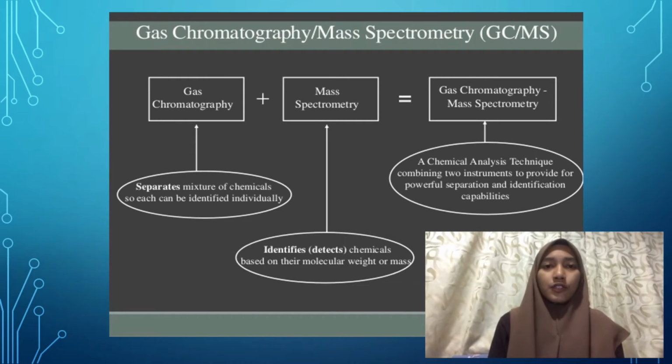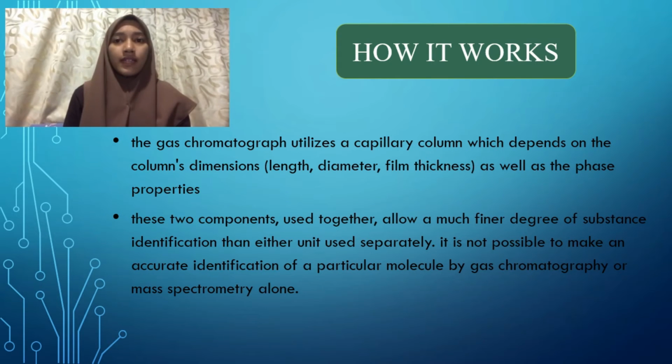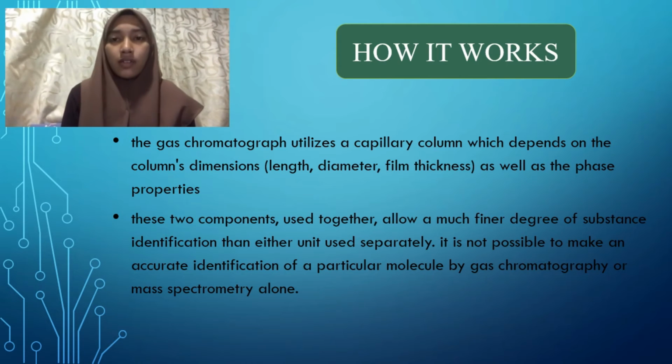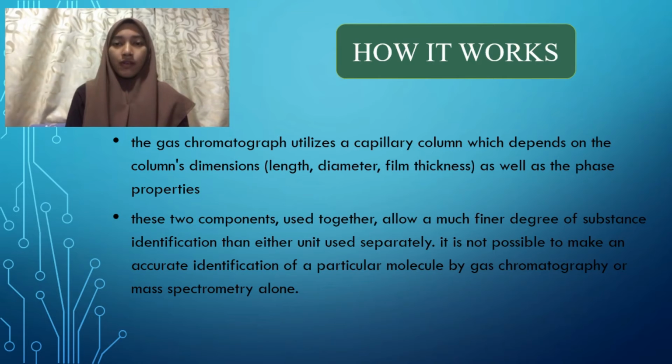These two components, used together, allow a much finer degree of substance identification than either unit used separately. It is not possible to make an accurate identification of a particular molecule by gas chromatography or mass spectrometry alone.